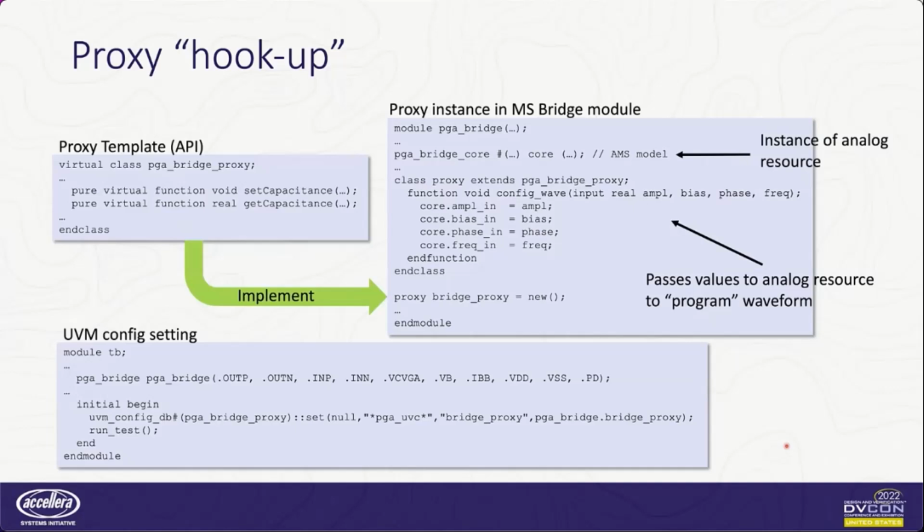In this case, the config wave will have the amplitude, bias, phase, and frequency passed to it from the driver, and then those values will then be passed into the core, as we'll see in more detail in the next slide. And then finally, use a config DB just like you would for your virtual interface to define the path to that proxy in the bridge, and then that path can be used within the driver and monitor to access the functions down inside the bridge.